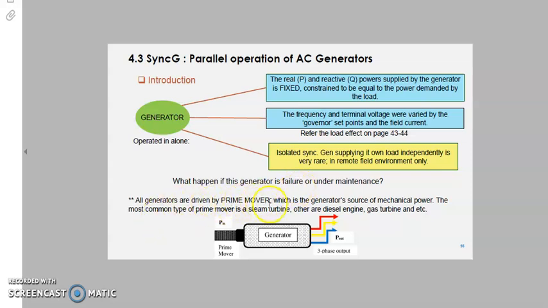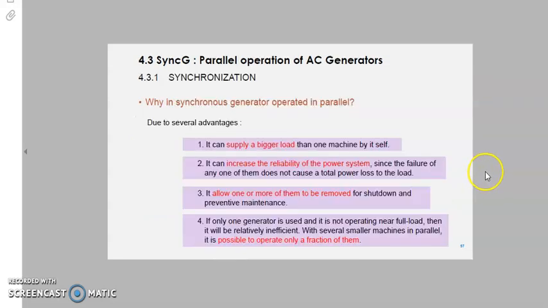All generators are driven by a prime mover, a mechanical power source, and the generator will generate current and voltage to the load. Okay, synchronization. Why we need synchronization is that, in practice, we have multiple generators put at one site, then we supply to the grid, and the grid will distribute to the load: housing areas, industrial, manufacturing sites, construction sites.